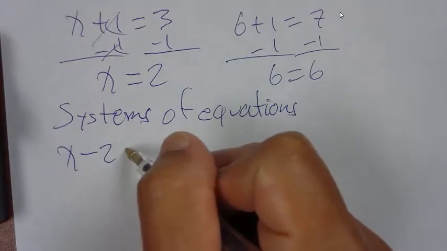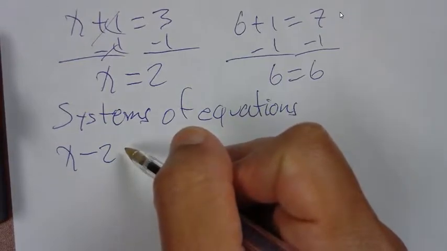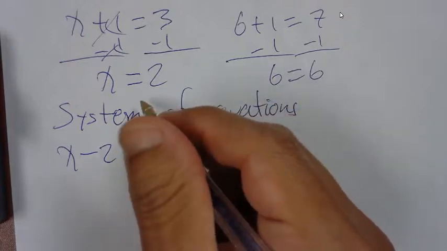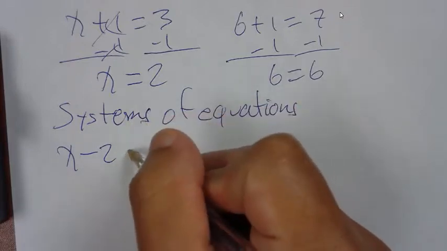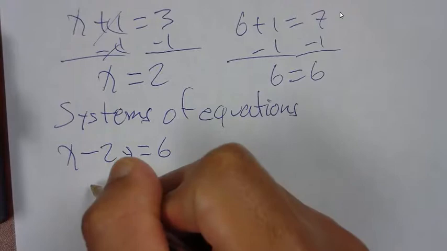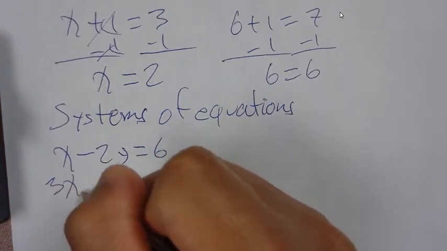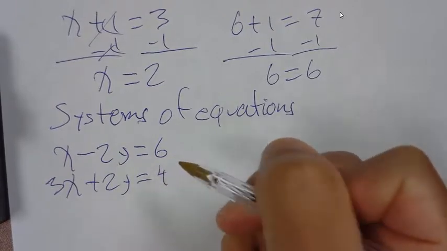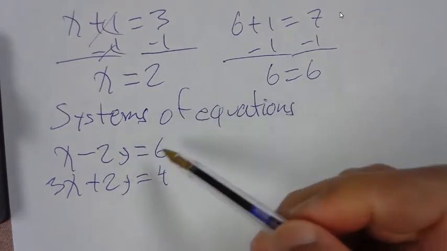I'm just writing example 3 on page 181, right out of the book. So that's x minus 2y equals 6, and 3x plus 2y equals 4. That's what it looks like. A system of equations.